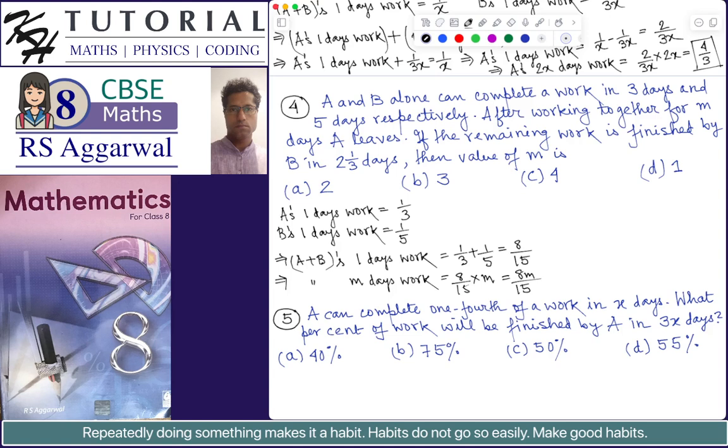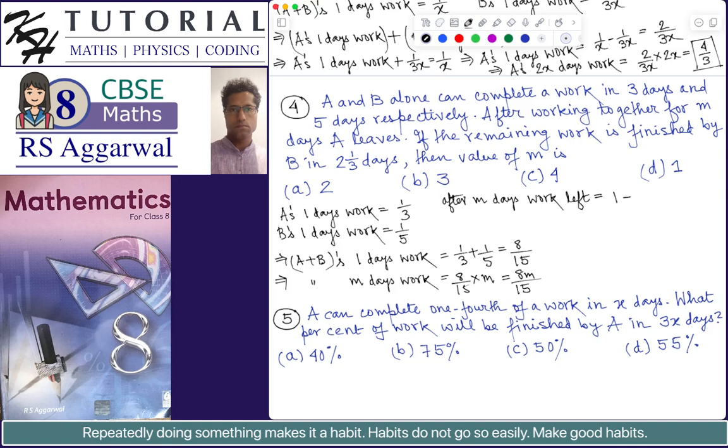Now we have to find the remaining work. So after m days, the work left will be, the whole work is 1 and the work done in m days is 8m by 15.